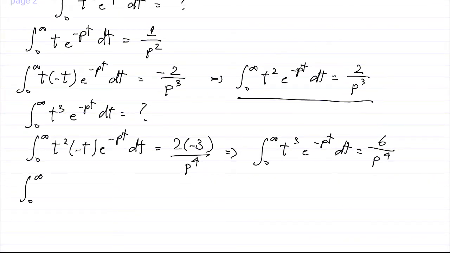The Laplace transform of t raised to power n is simply given by n factorial divided by p raised to power n plus 1. Okay, that's the Laplace transform for any power of t. In general, of course, if n is not an integer, then you need to use the gamma function. Okay, so that's what you have.